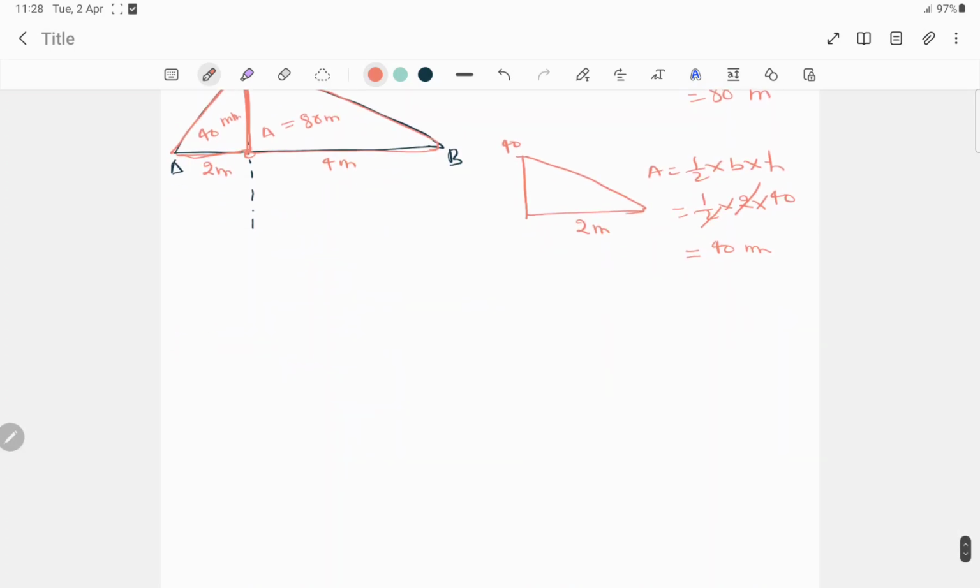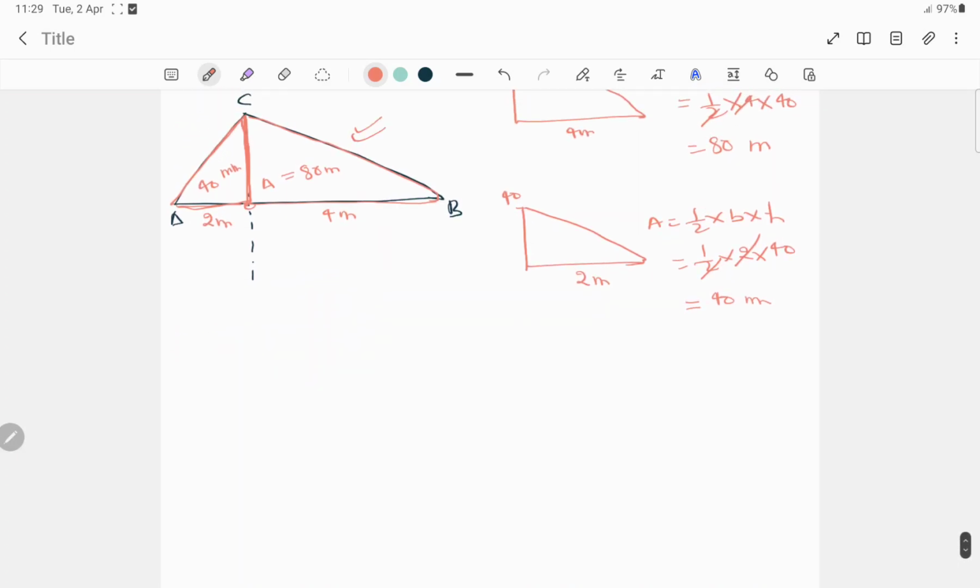So now according to this bending moment diagram, we'll draw a free body diagram here. A, B and C. Now here 40, it's positive, right?